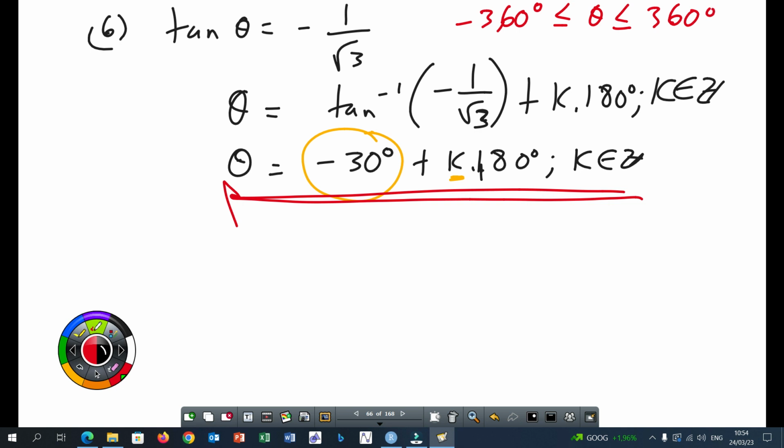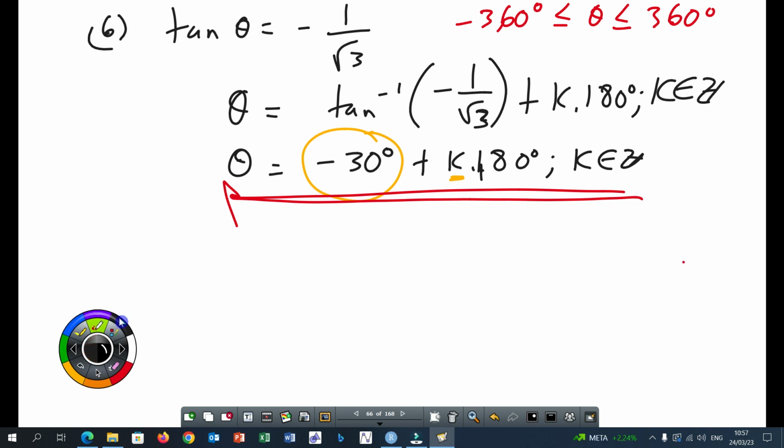Can you find all those values using the general solution? Determine for this equation the actual values of theta between minus 360 and 360 degrees. That's your class exercise.